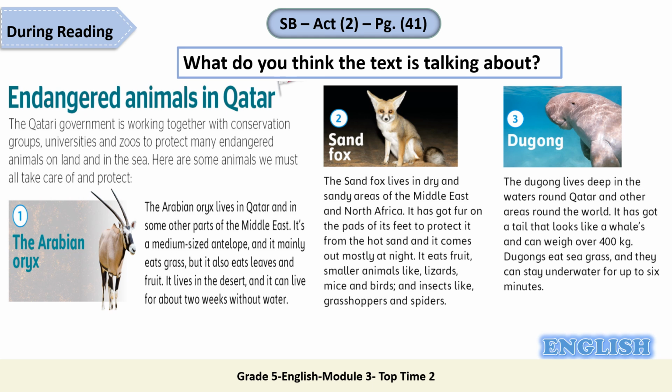Dugong. The dugong lives deep in the waters round Qatar and other areas round the world. It has got a tail that looks like a whale's and can weigh over 400 kilograms. Dugongs eat seagrass, and they can stay underwater for up to 6 minutes.